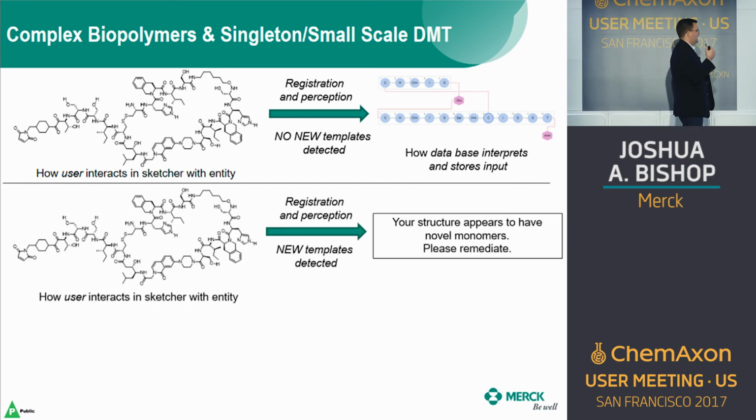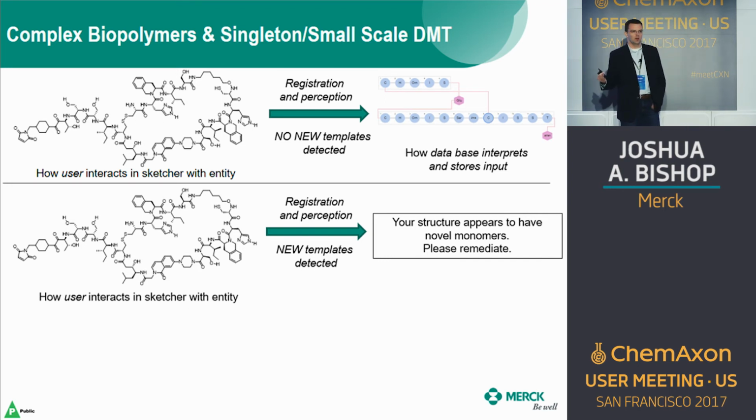We want to introduce the idea of being able to identify new templates that are detected within the entity. So again, user interacts with it on the structure on the left, registers and does a perception, and new monomers are identified within the structure. And so we're asking the user to remediate that. We don't want to make the user go in and register new monomers within our Helm monomer library.